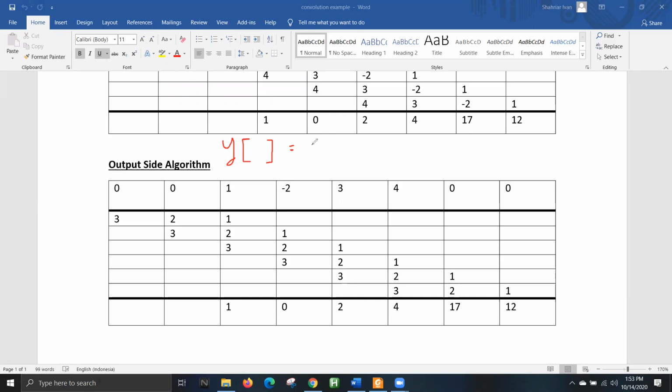If you follow that equation, you'll see that the indices for h, I mean the impulse response, run from 0 to m minus 1.